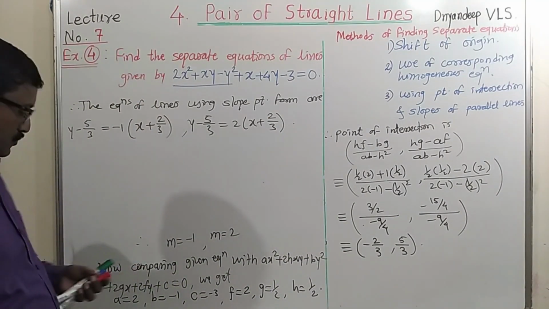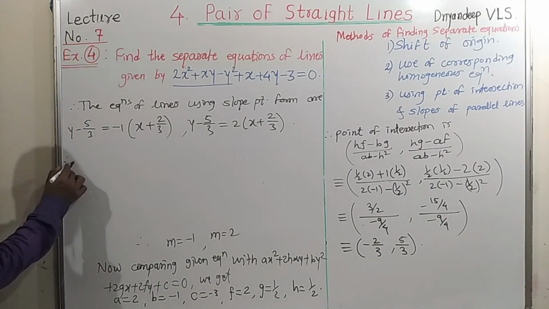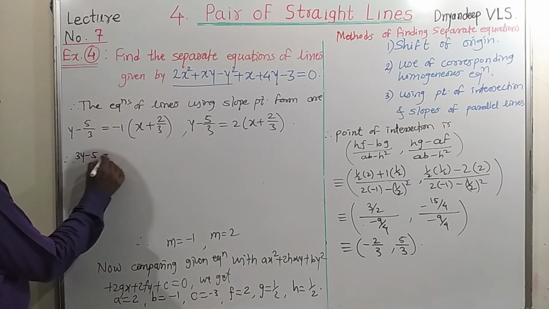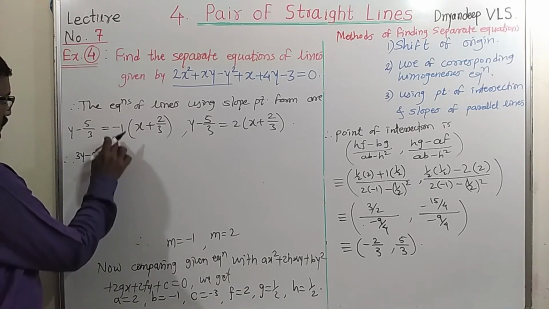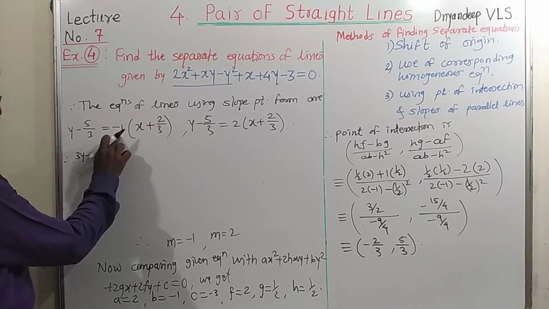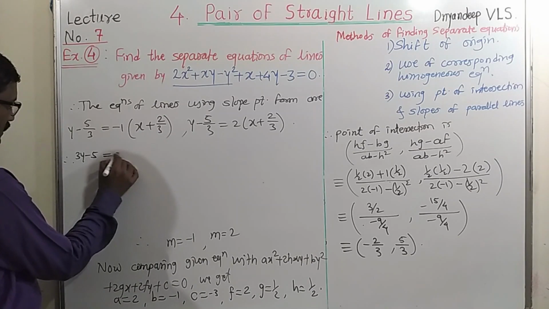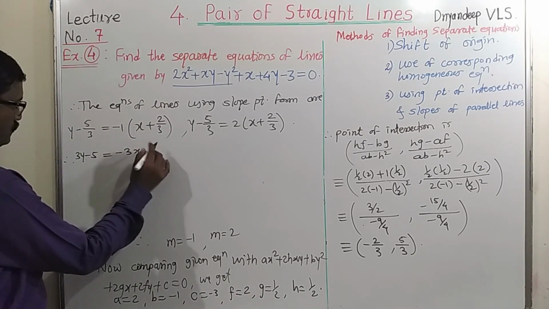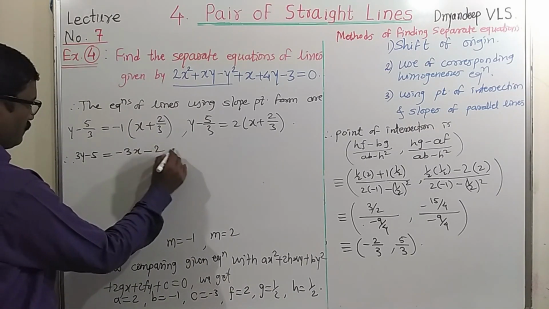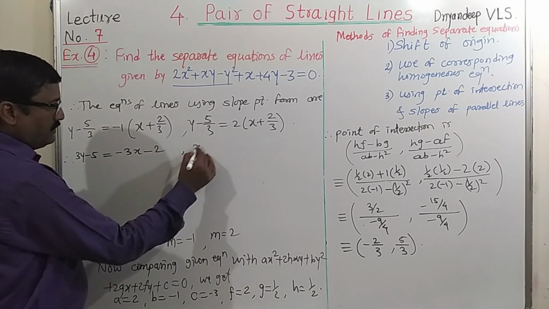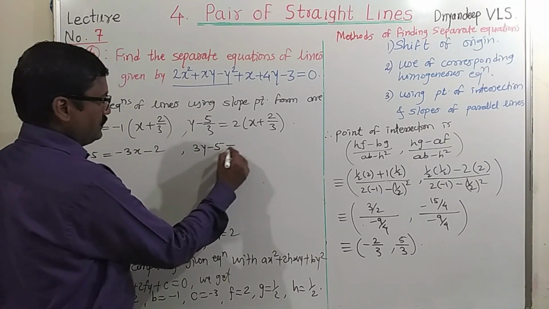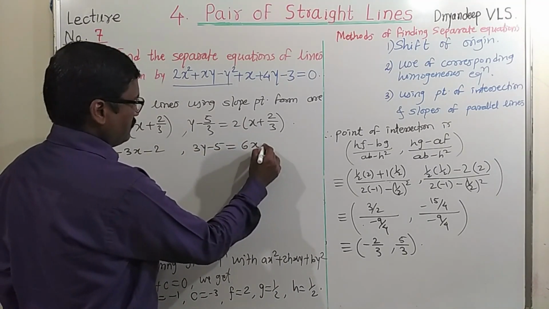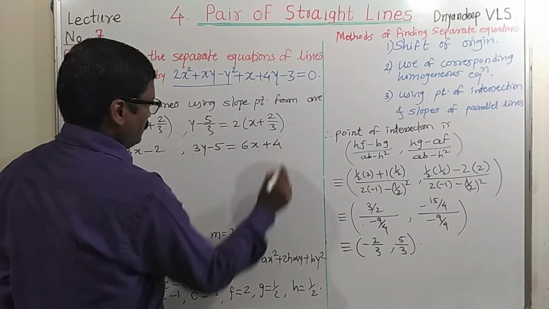minus 1 and 2. Now simplify, this will be 3y minus 5 is equal to, multiplying this by minus 3 means 3 minus 3x minus 2. This will be 3y minus 5 equal to 3x means 6x plus 4.